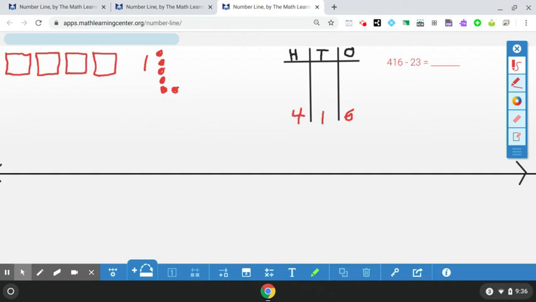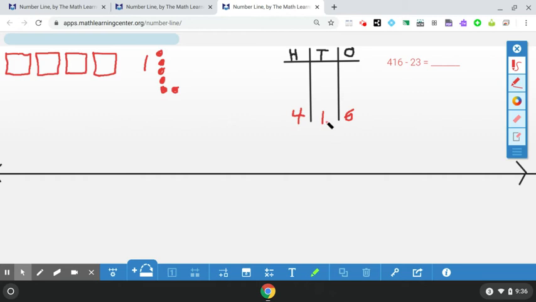In your workbook, you only have to do the number line, but I know seeing the base 10 blocks is a good visual as well. And you'll notice I also added our friendly hundreds, tens in one frame there, our 100 frame, to help us with counting backwards by tens, starting at 416.